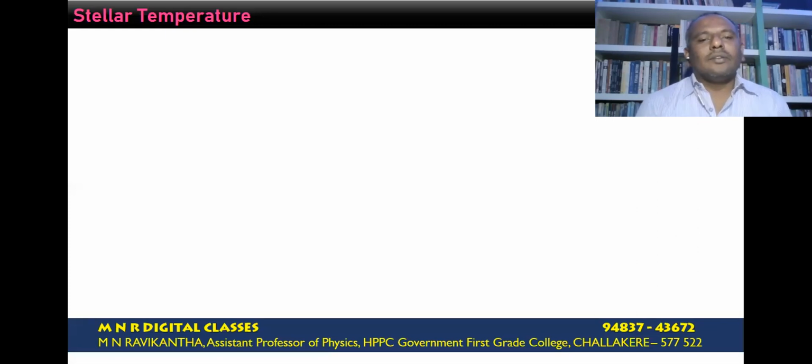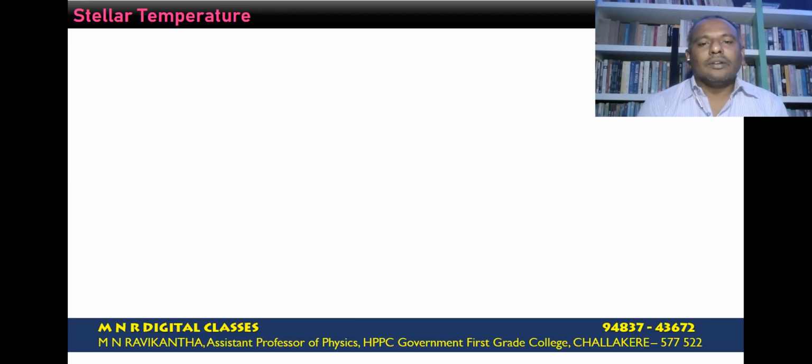In this lecture, we are going to understand two important physical parameters of the star. One is the stellar temperature, second one is the stellar color. At the end of this lecture, you will understand what we mean by stellar temperature.